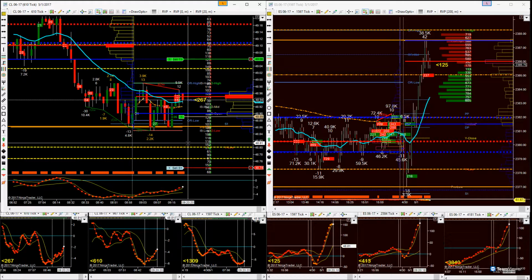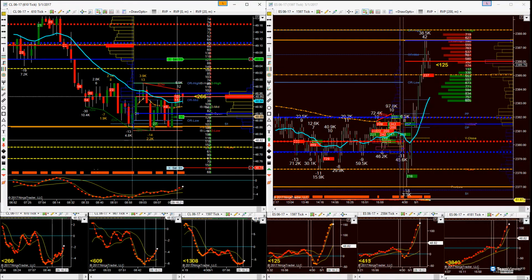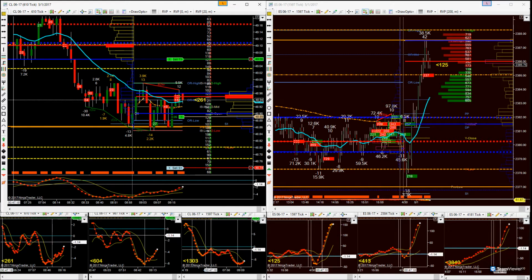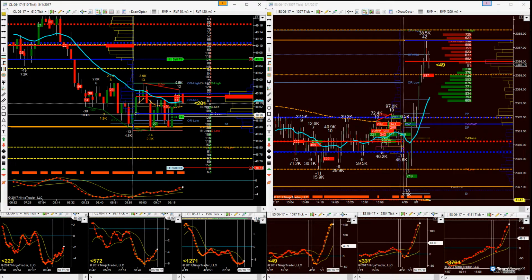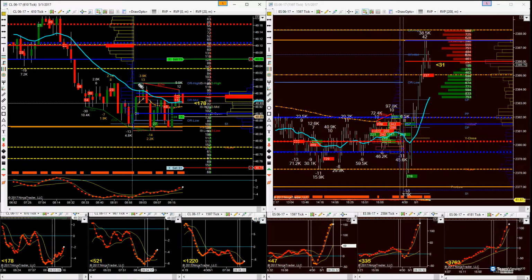And right now, you'll notice the BBs have sloped up. If we look down here, the BBs have sloped up since the open, but you'll also notice price really has not. Price has been in this area of consolidation here, but in the meantime, the BBs have had a nice little uptrend.